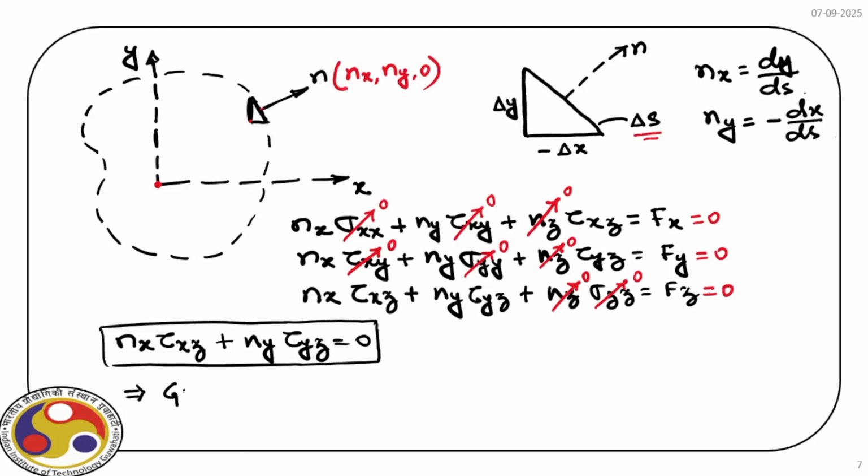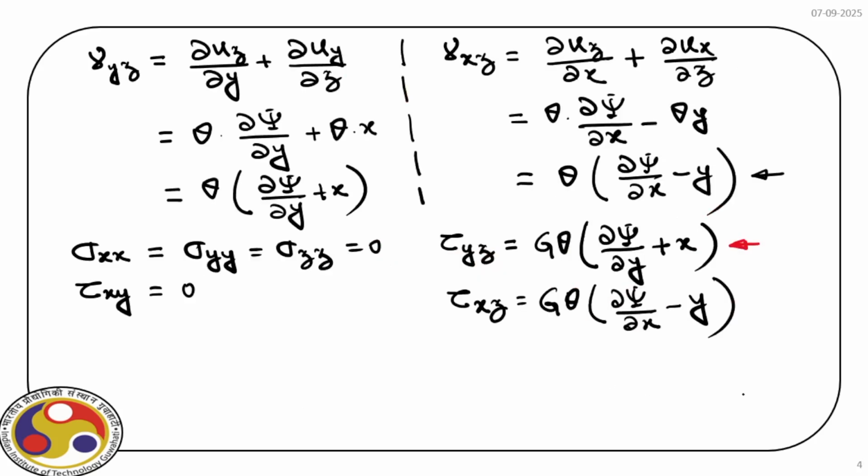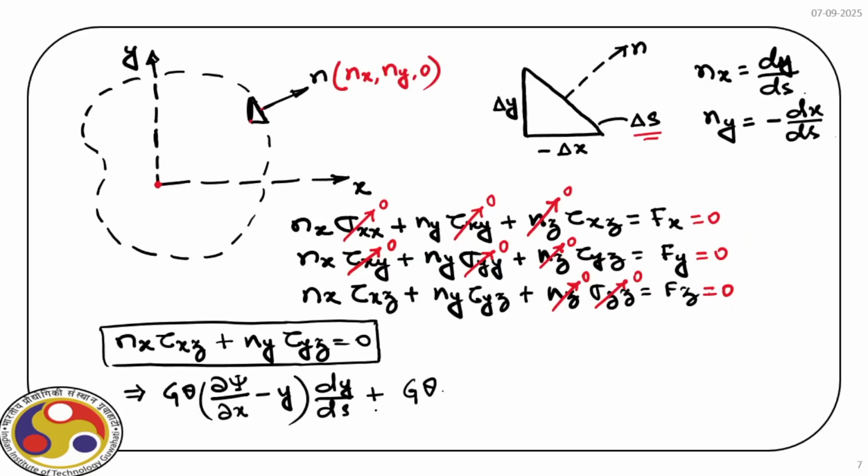So we have G theta and in place of nx we can write dy ds, plus second term again we have G theta, then tau yz. For tau yz we have the expression here, and let us put that expression, right? And in place of ny we can write minus dx ds. This is equal to 0.